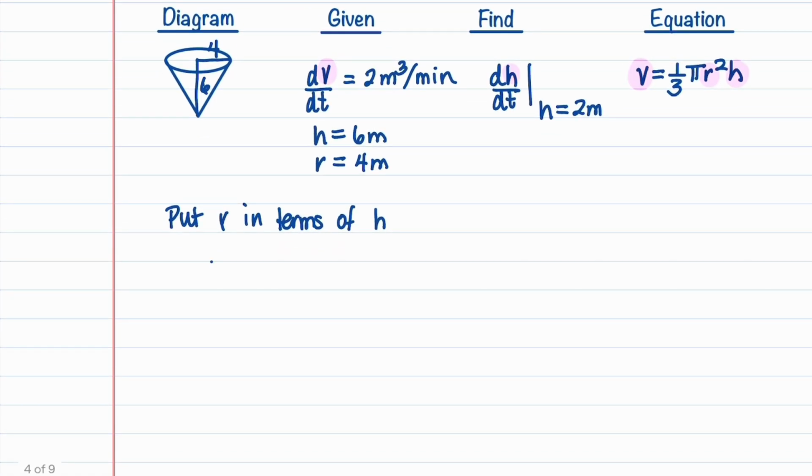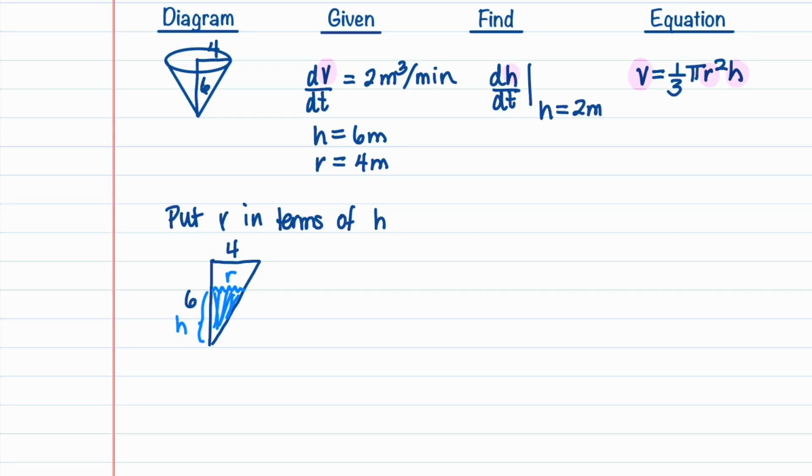So I am going to take just the cross section here of our cone. We were given that the radius is 4 and the height is 6. Now let's think about some water being pumped in. Let's say that this is how much water we have. So we can call this the radius and then this part here the height.